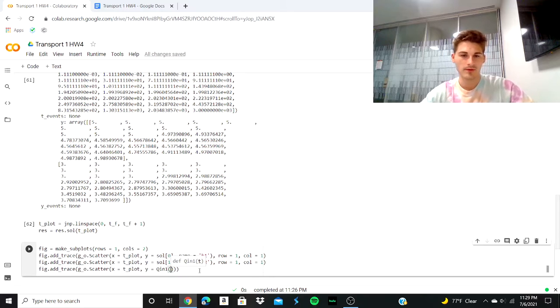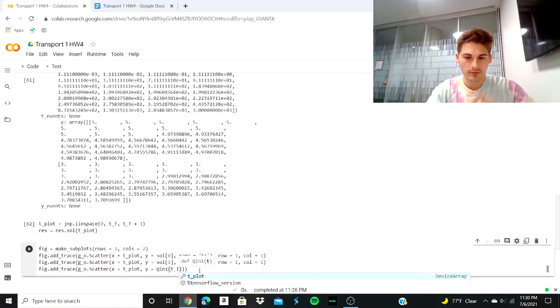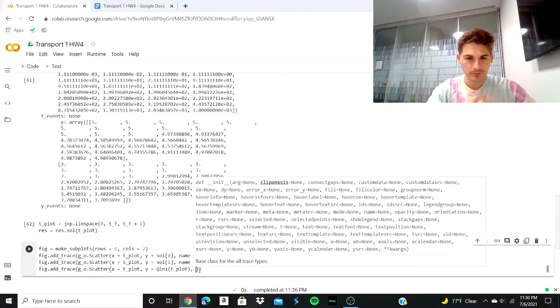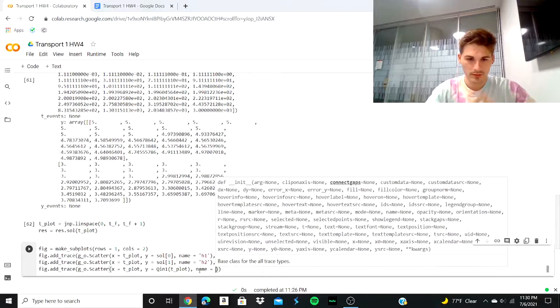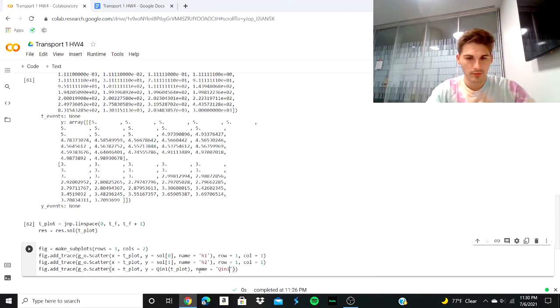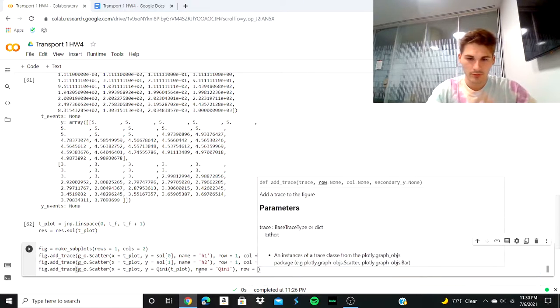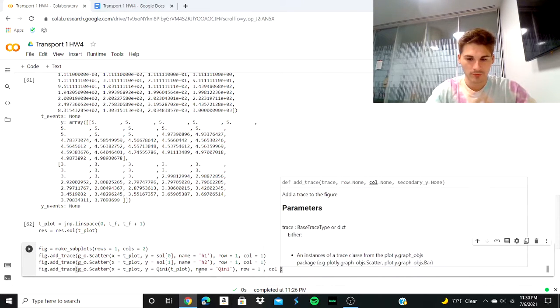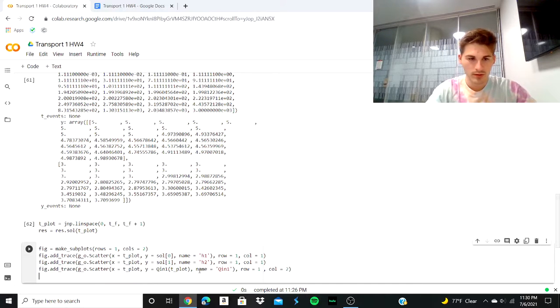And of course it's a function of time, but we can use that time interval that we've already defined. And then we'll name it qn1, and then row 1, column 2. And then we'll do the same thing for the flow rate entering tank 2.